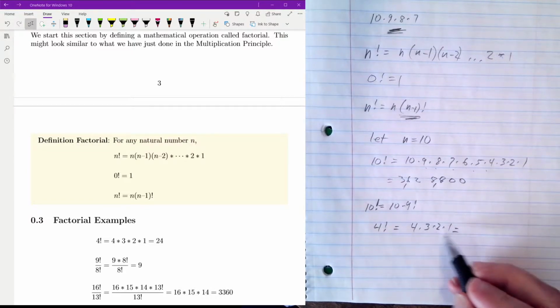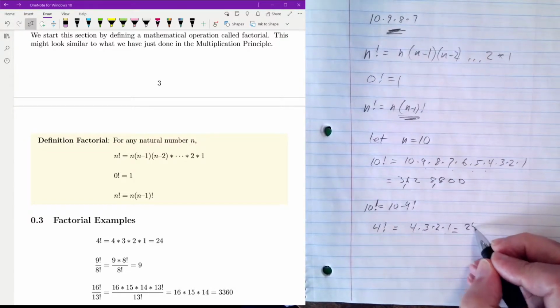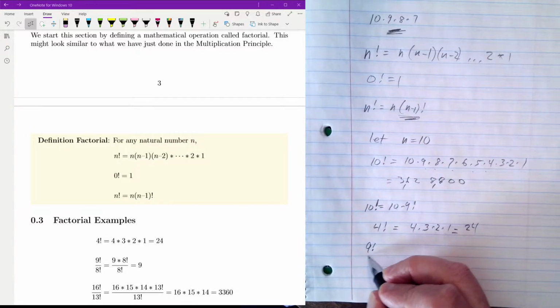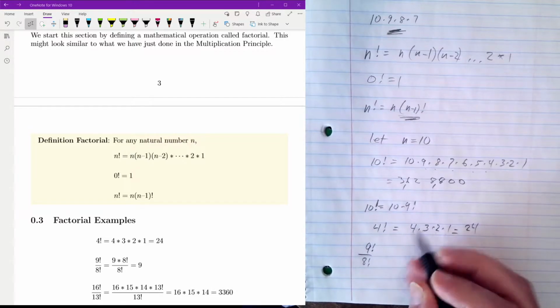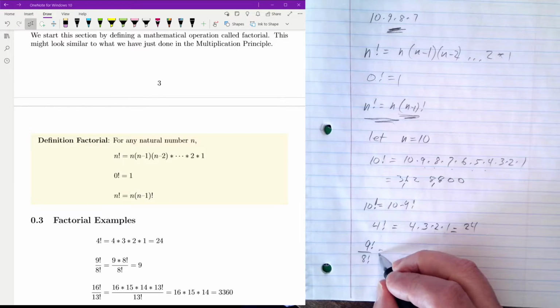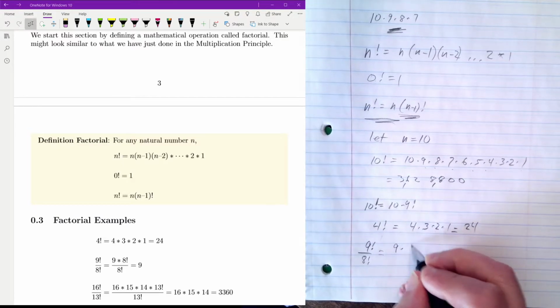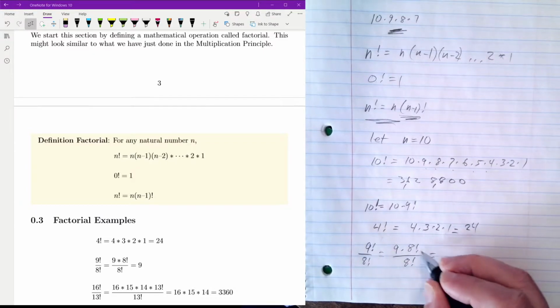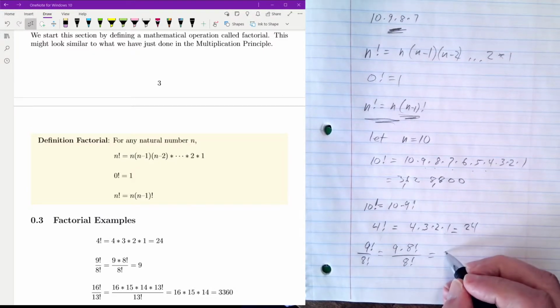So you have 6 times 4, which is equal to 24. Next, 9 factorial divided by 8 factorial. Now remember, we were able to do this little trick. This equals 9 times 8 factorial divided by 8 factorial, which is equal to 9 times 1, which is 9.